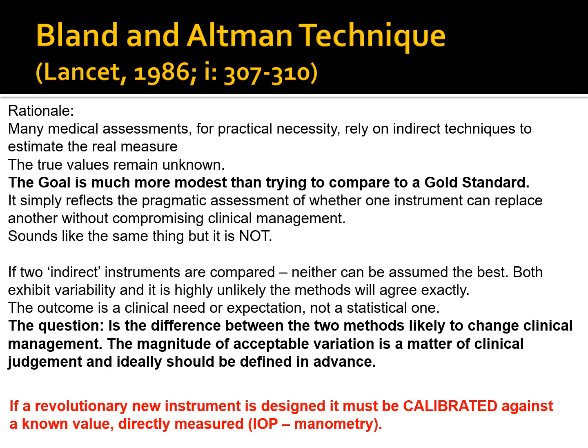So the question is, is the difference between the two methods likely to change clinical management? And the magnitude of acceptable variation is a matter of clinical judgment, and the authors do stress this, that it should ideally be defined in advance. So you don't do the statistical technique and find out your 95% confidence limits of agreement and then say, yes, this proves this, that, or the other, or it proves that we've got to keep using GAT or whatever it might be.